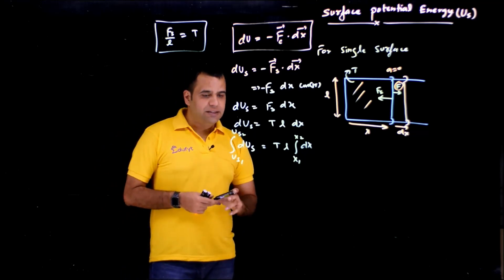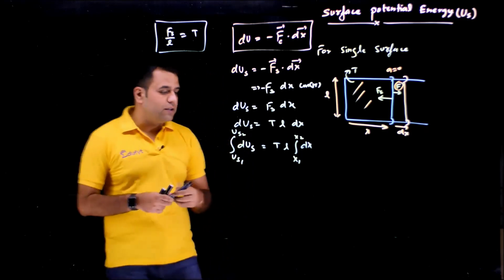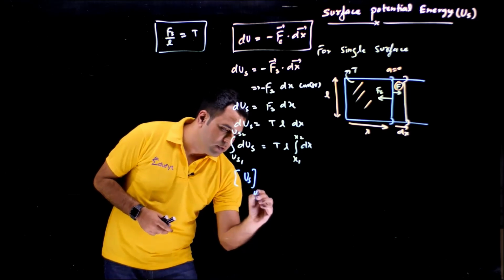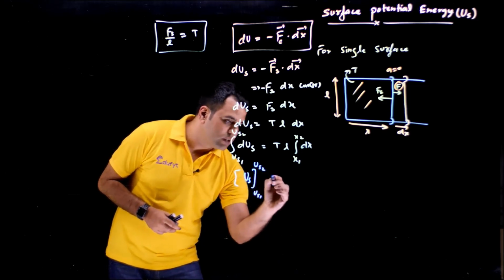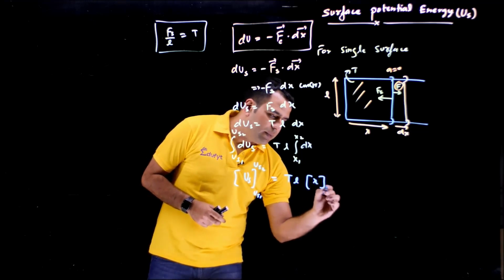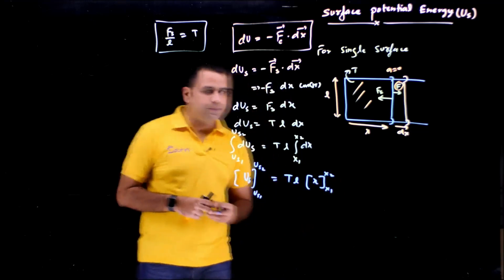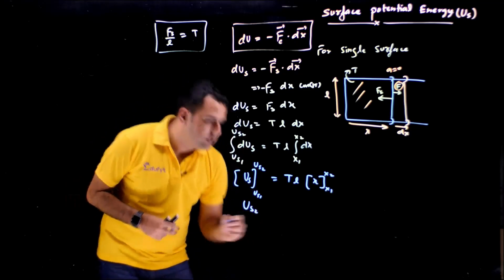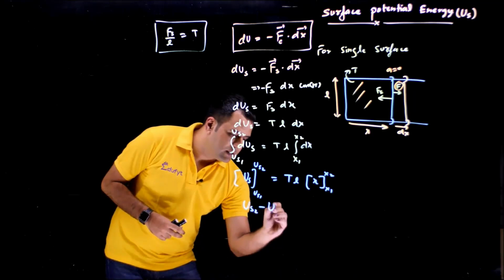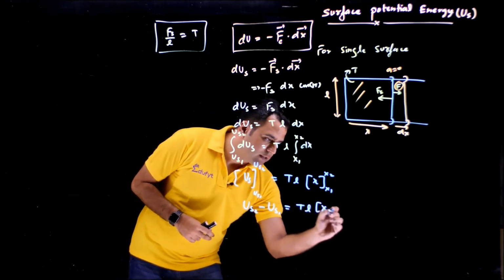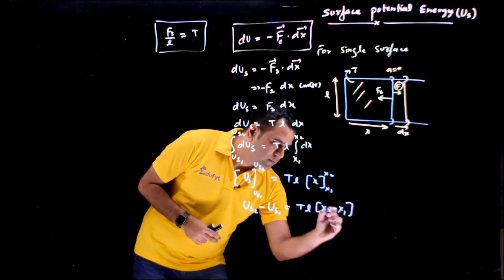We'll do the integration, and we know how to do the integration for these kinds of functions. So dUs becomes Us, with limits from Us1 to Us2, and T L dx becomes T L x, with limits from x1 to x2. We put in the limits: the upper limit Us2 minus the lower limit Us1 is equal to T L (x2 minus x1).